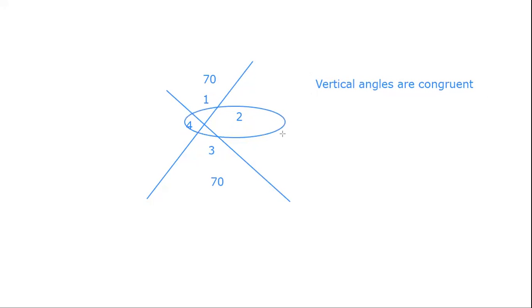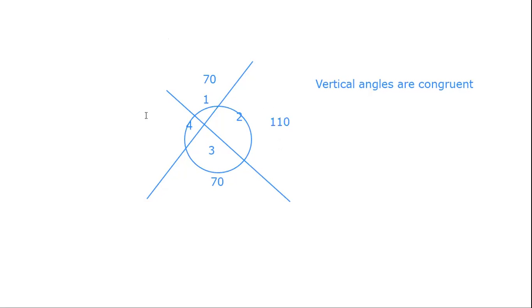I'm trying to draw an arc. What does that make angle number 2 if angle number 1 is 70? 110, right. Because now you have adjacent angles that are that linear pair.